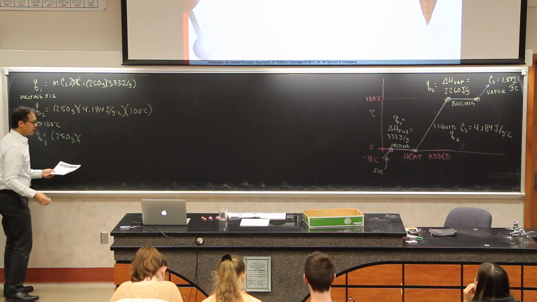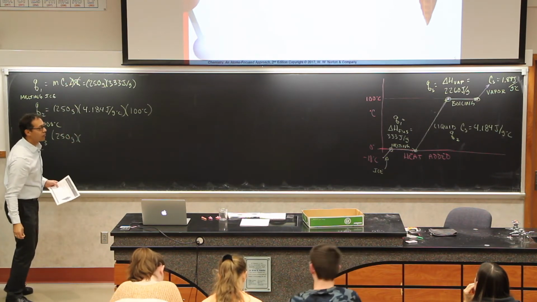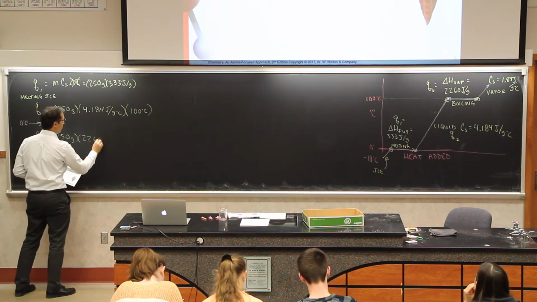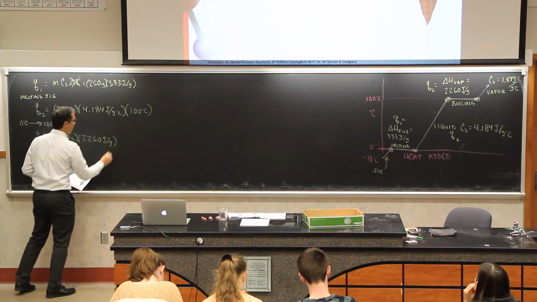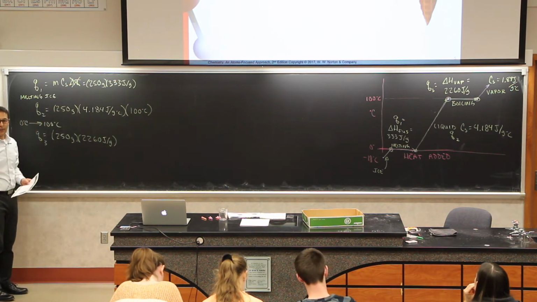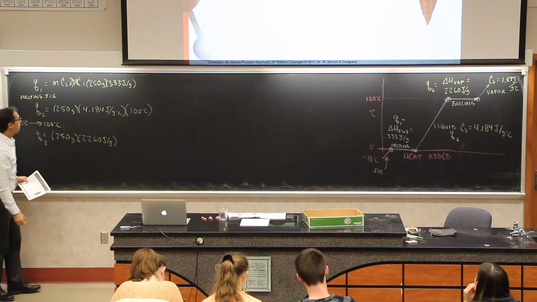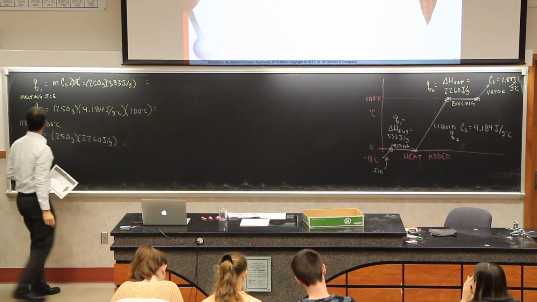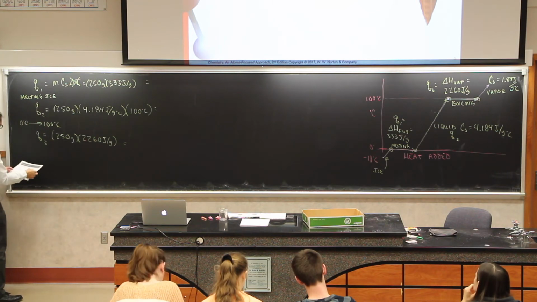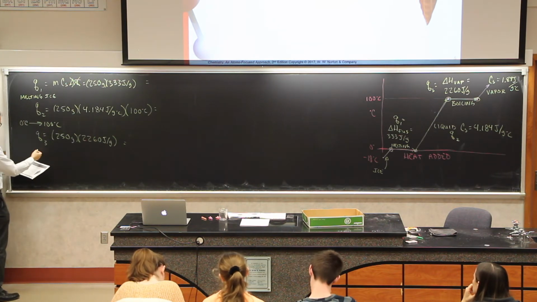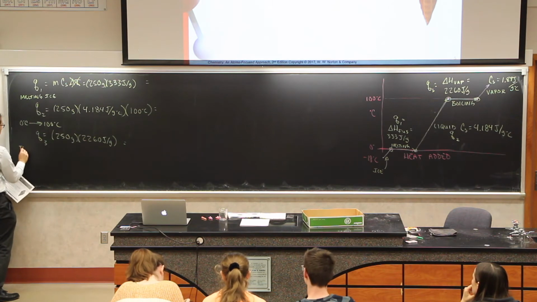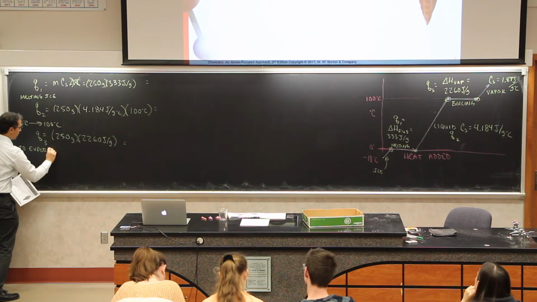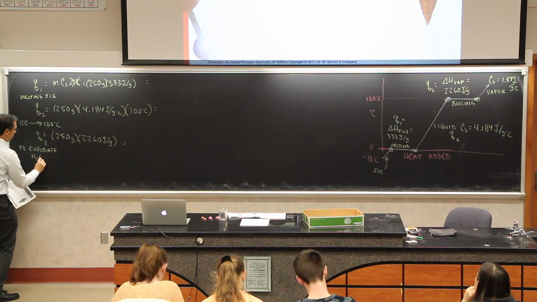Our specific heat, in this case, is our enthalpy of vaporization, 2,260 joules per gram, and there's no temperature change. Okay, so this is, I should say, to evaporate our water.